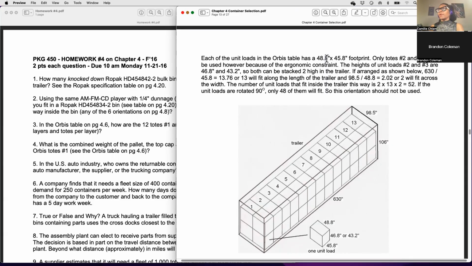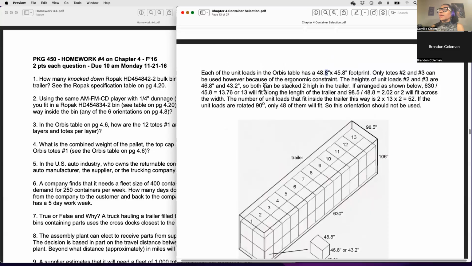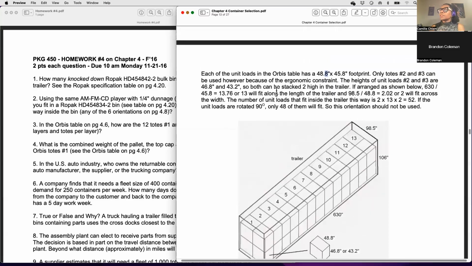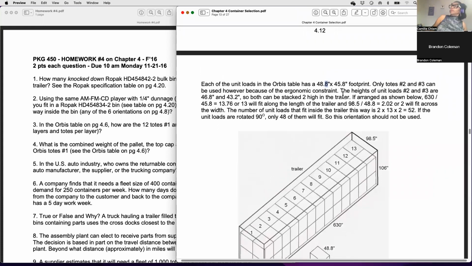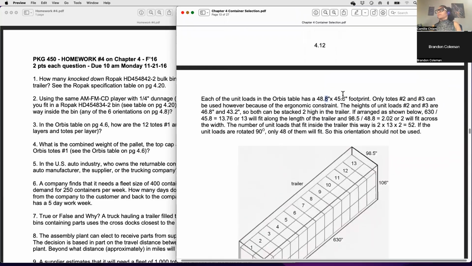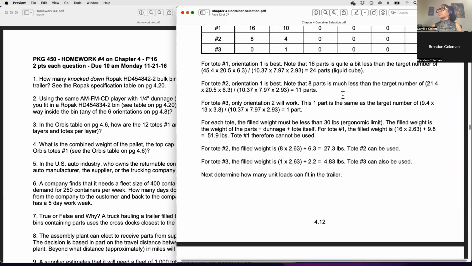Most people don't really use that 0.8, but that's the actual dimension. So, okay, only totes 2 and 3 can be used again, and that was based on the ergonomic limits. So the unit loads for 2 and 3, you can find that on the table. Unit loads 2 and 3.